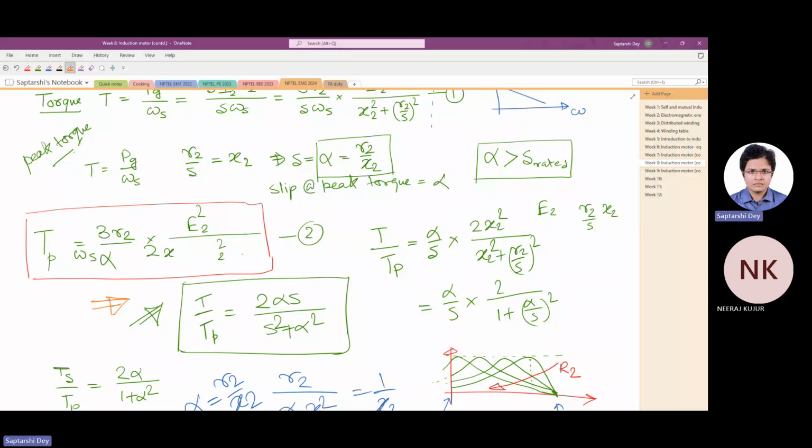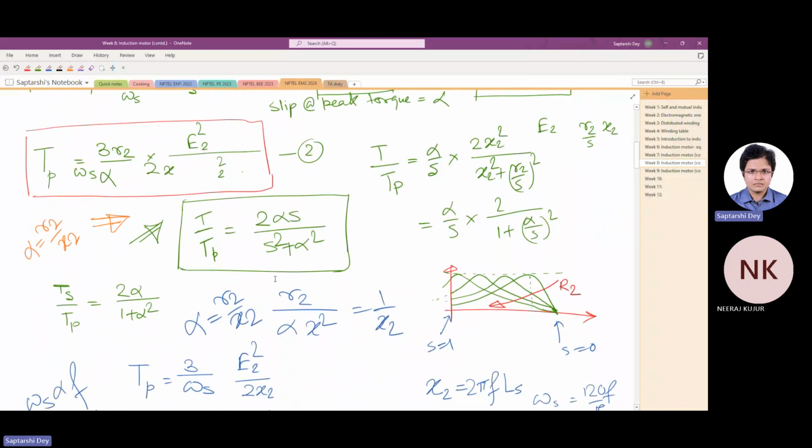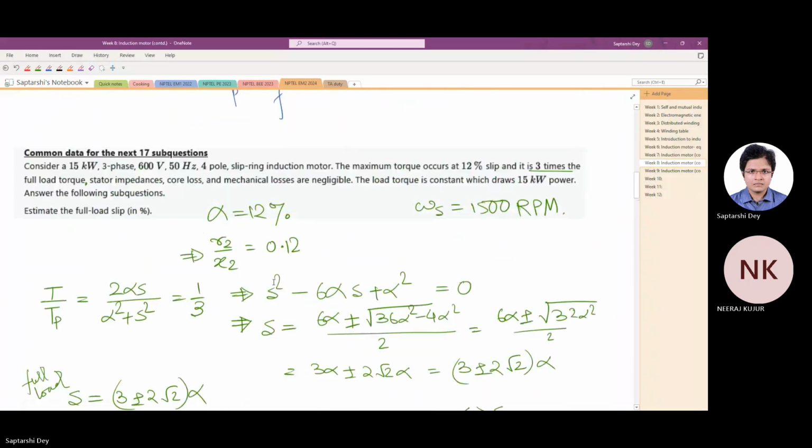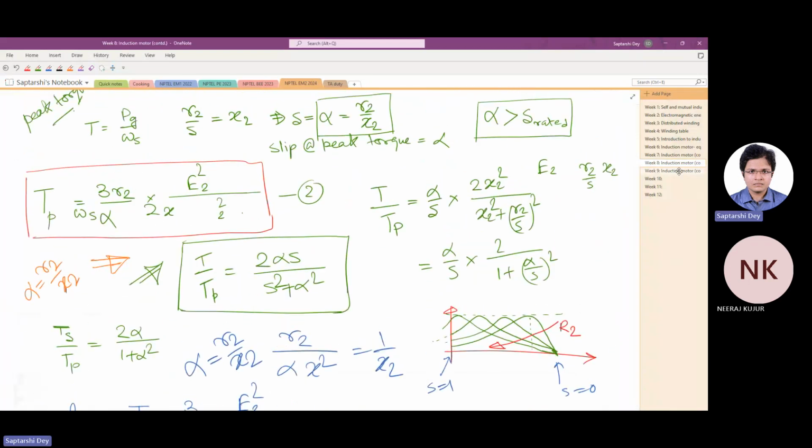And alpha is given by the ratio R2 by X2. This comes from the maximum power transfer theorem. So this was the basis on which all the problems of last day, and all the problems of today also, were based.